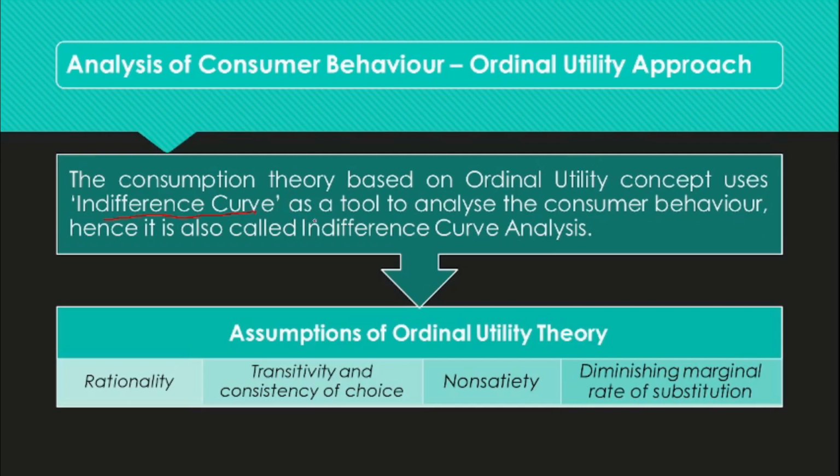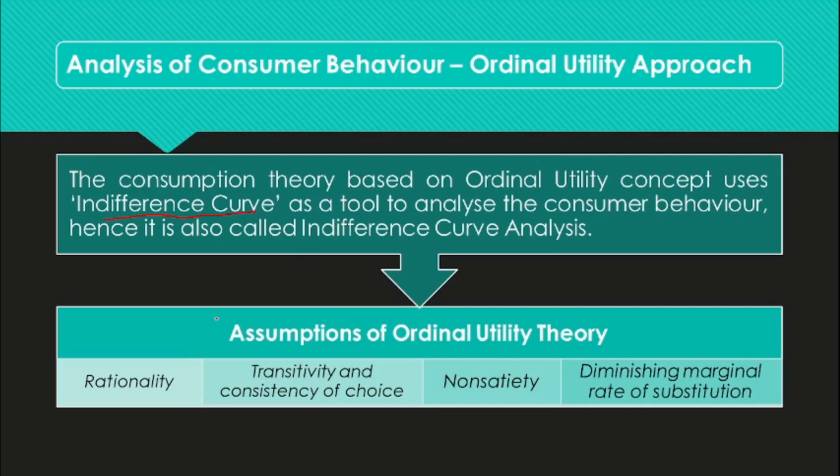So we know that in the ordinal utility concept, the utilities that a consumer gains by consuming a commodity or a service cannot be measured in absolute terms, because that is the case of cardinal utility. But in the case of ordinal utility, a consumer can always rank his preference among the various products he is using.